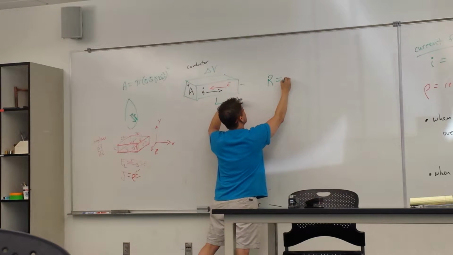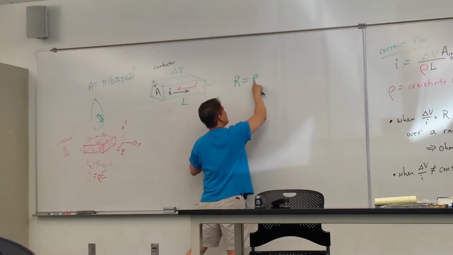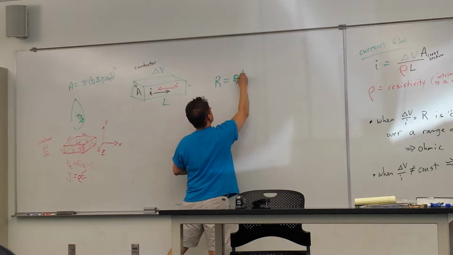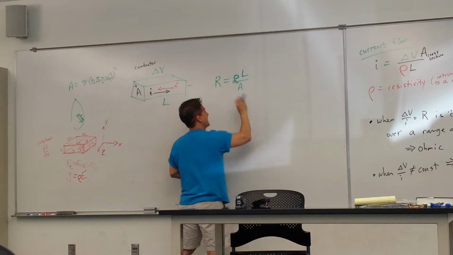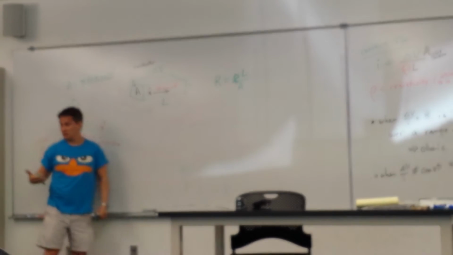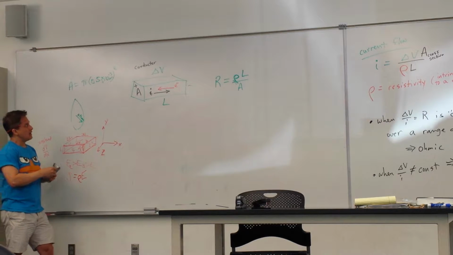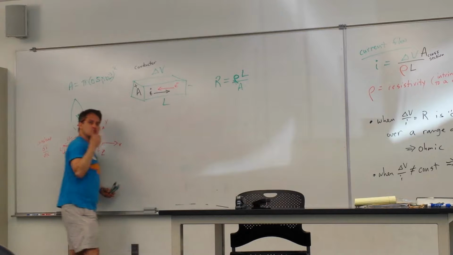should be related to whatever this resistivity constant is, times the length of this thing, and inversely related to the surface area. Now, that being said, what if we split this thing into two little slabs?